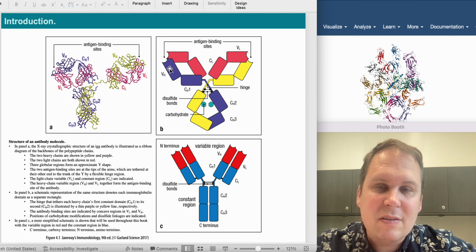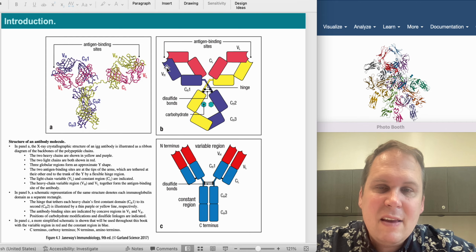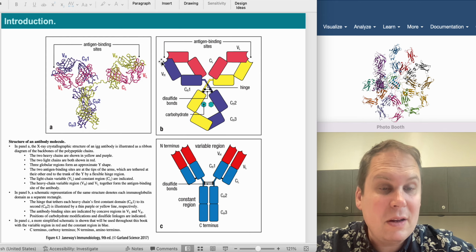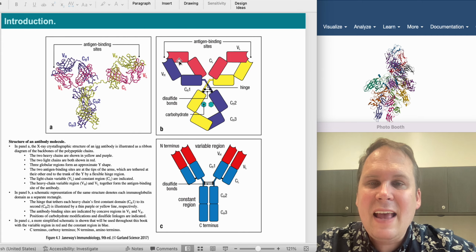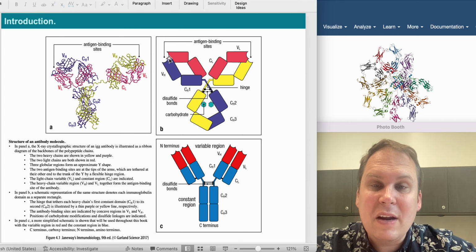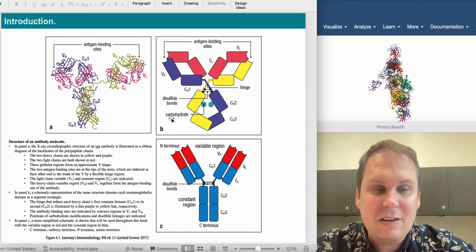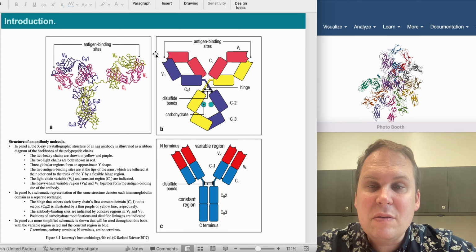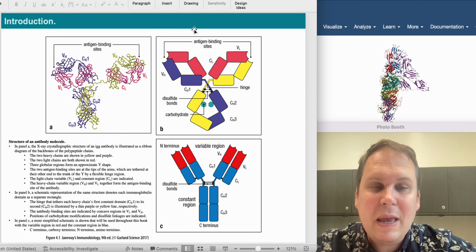Our heavy chain is about twice as big as the light chain. You can see this purple bit is one big long protein that folds up into 4 immunoglobulin-like domains. The light chain is just 2 immunoglobulin-like domains, and it sits right next to this and interacts with the heavy chain.